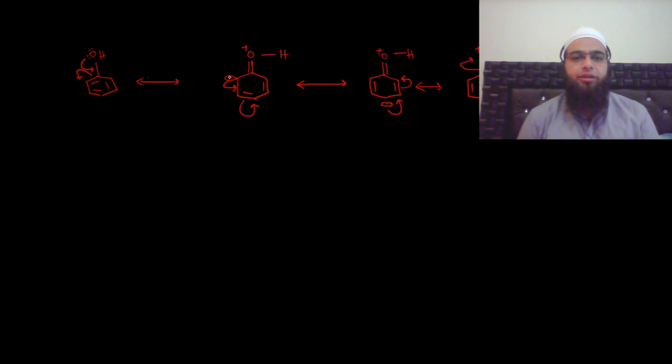The electron density, the negative charge, is more on this ortho position and on this para position. At the meta position there is electron density, but not that much; the more electron density is on the ortho and para positions. That's why we say that the phenol ring is more reactive at these positions.